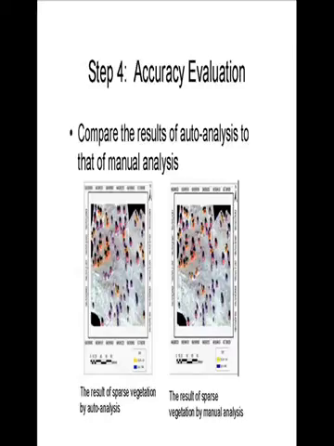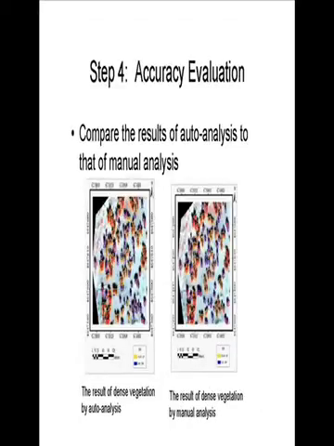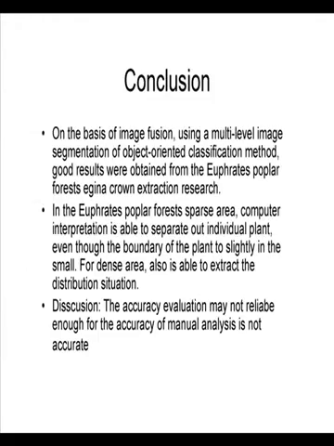On this page, you can see the different results of a sparse vegetation area. On this page, you can see the results of a dense vegetation area, and the left one is the result of auto analysis, and the right one is the manual analysis.